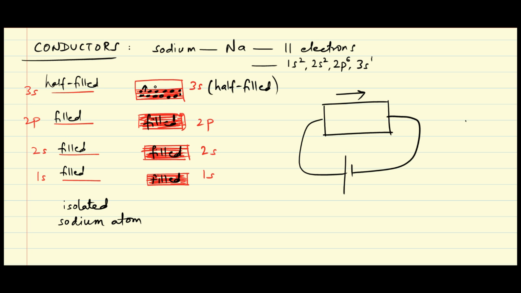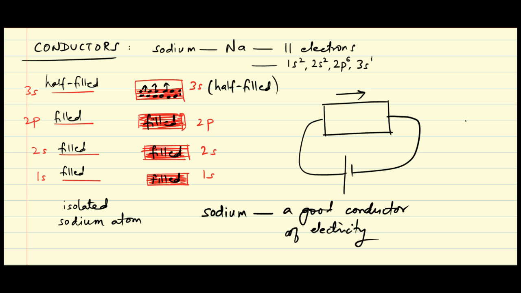In other words, they can go over here and over here and over here, and hence these electrons can participate in the electrical current. Note that the additional energy which they receive when they go into the higher state is in the form of the kinetic energy which they gain from the field. And so we know from all this discussion why sodium is a good conductor of electricity.